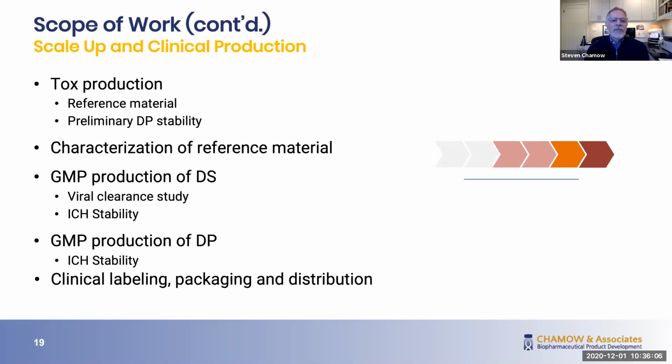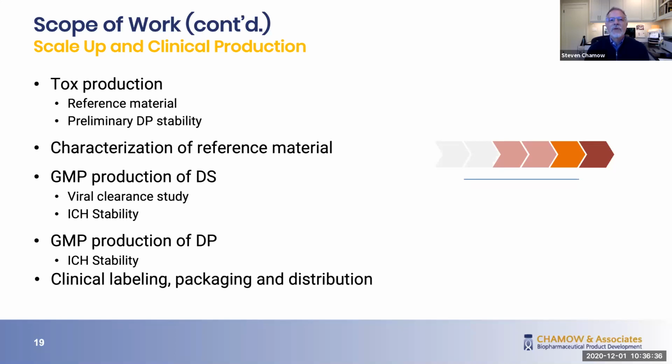From the GMP batch, which in this case is 2,000 liters, we took material for a viral clearance study, and we do ICH stability. We then went on to produce a GMP drug product and use this to do ICH stability as well. We expect that the CDMO understands that stability from both of these GMP batches needs to be ICH.